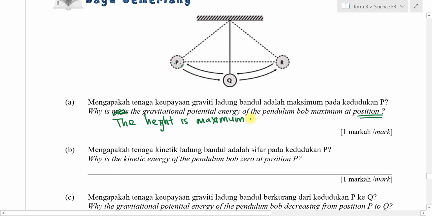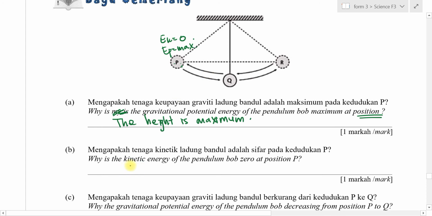Simple as that. Why is the EP here maximum, they are asking. Because the height is maximum. That's it. And why is the kinetic energy of the pendulum bob 0 at position P? Why is the EK 0?